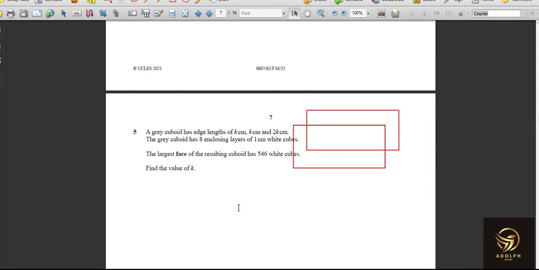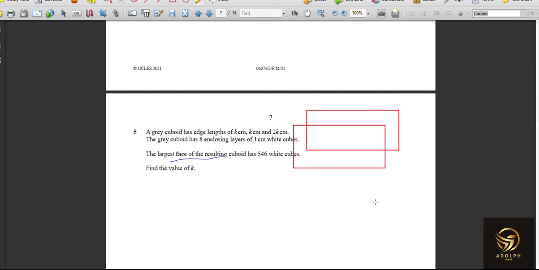The largest face of the resulting cuboid has 546 white cubes. So how will we be calculating that white cube? So the total volume minus gray volume. We know that gray volume is k, k and 2k, but actually this is not the thing, because we are just looking at the face value. How many cubes are there?